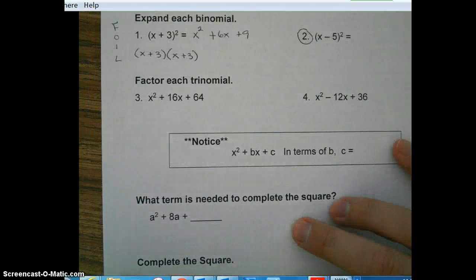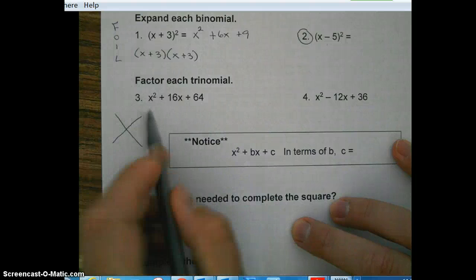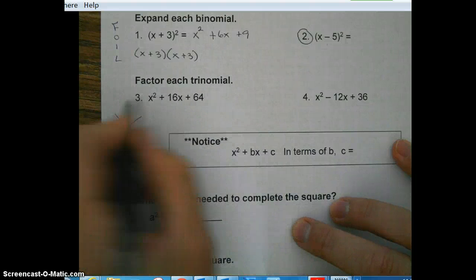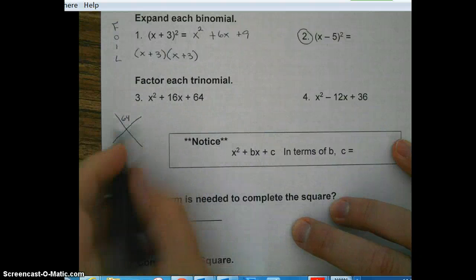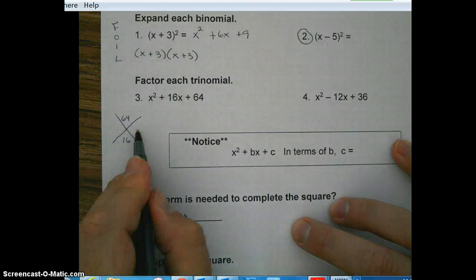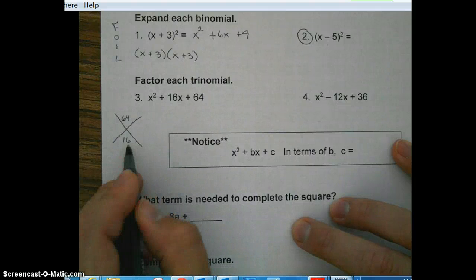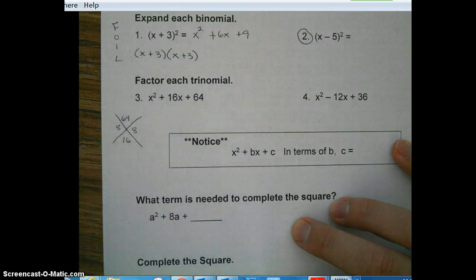Let's factor. Remember the x factor. Remember, a times c, so 1 times 64, and the b value goes on the bottom. So two numbers that multiply to give you 64 and add to give you 16: 8 and 8.